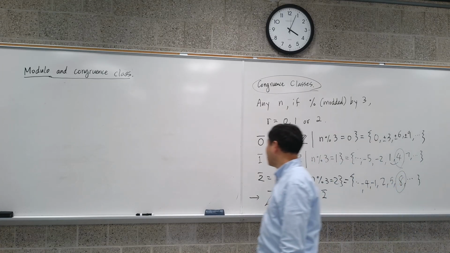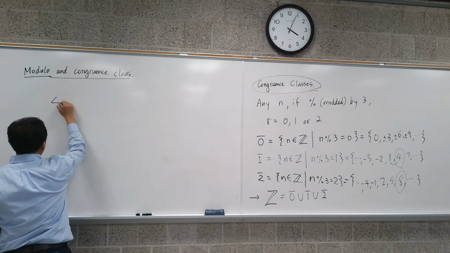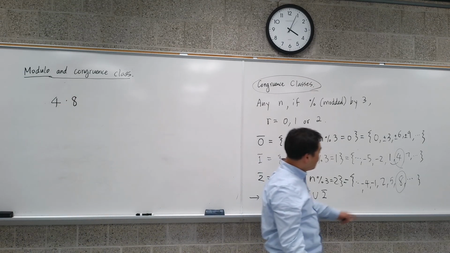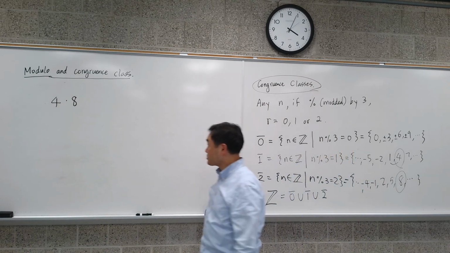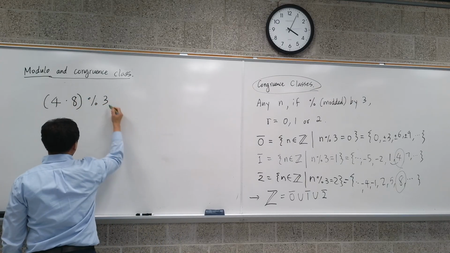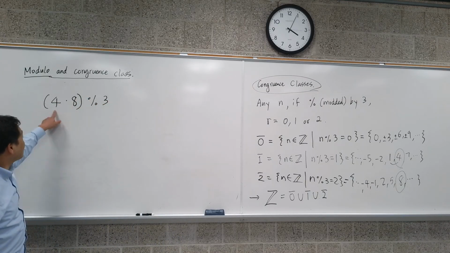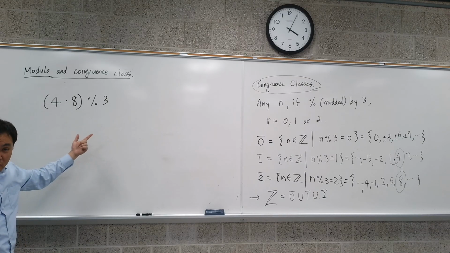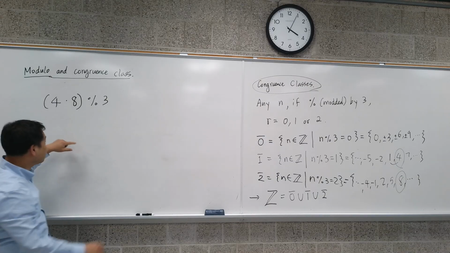So you take 4 times 8. We multiply the two. And then let's say we mod it by 3. What's that? 4 times 8 is 32. 3 goes 10 times into 32. What's the remainder? 2.